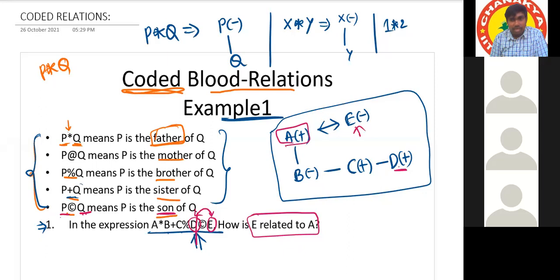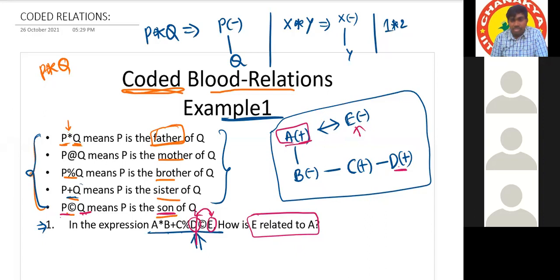D is already a child of A, but he is telling D is the son of E. How is it possible? If A and E are spouses, a married couple, then it will be possible. Because A's gender is already male, E should be a female.